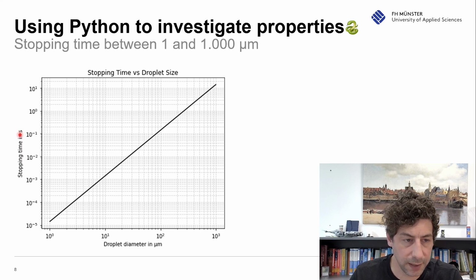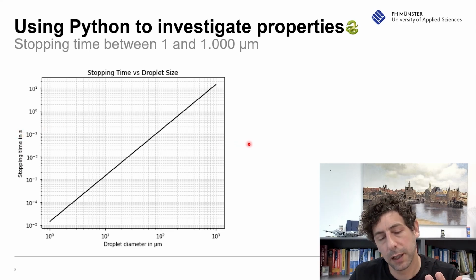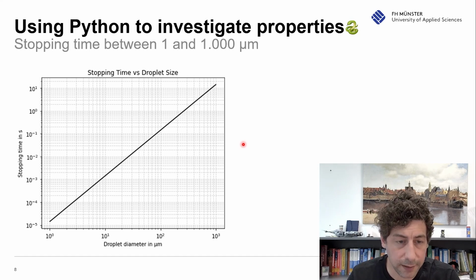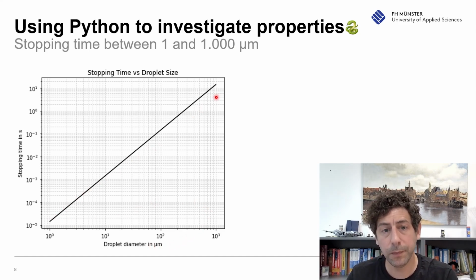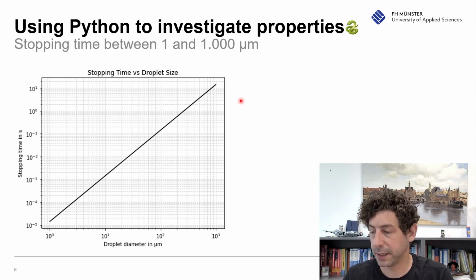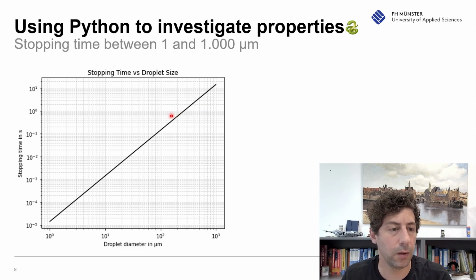So the stopping time depends on the particle size squared, and if we go over this large range from 1 to 1000 micrometer, we need a log scale, and this is a straight line with a slope of 2, and the slope of 2 clearly says, okay, the relation is to the power of 2, because this is the idea of the power law, right?